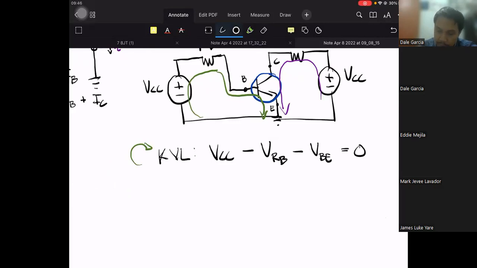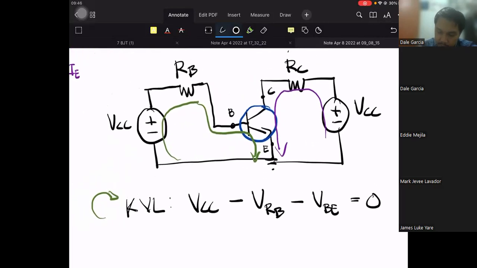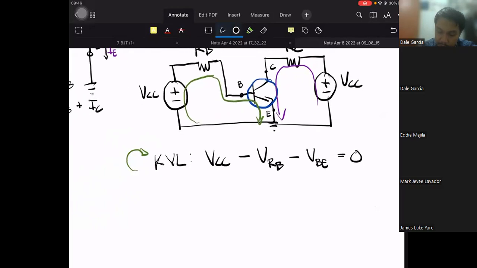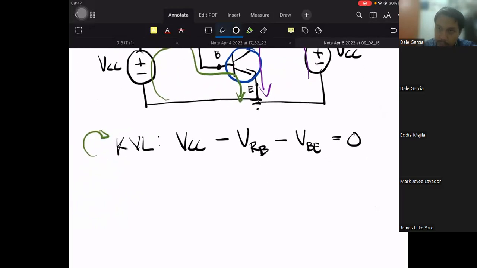Si voltage across RB, by virtue of Ohm's law, V is IR. So pwede na ito niya siya simplify as I, what's the current across or going through our RB.